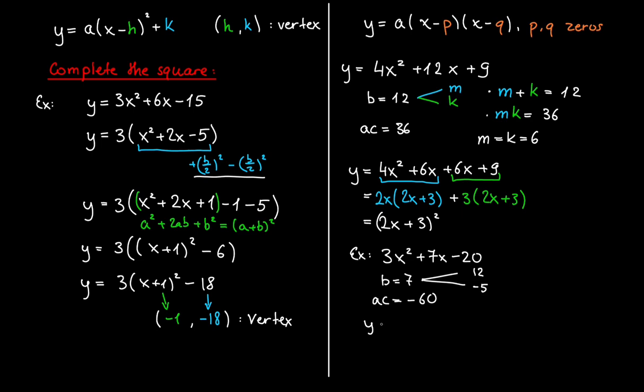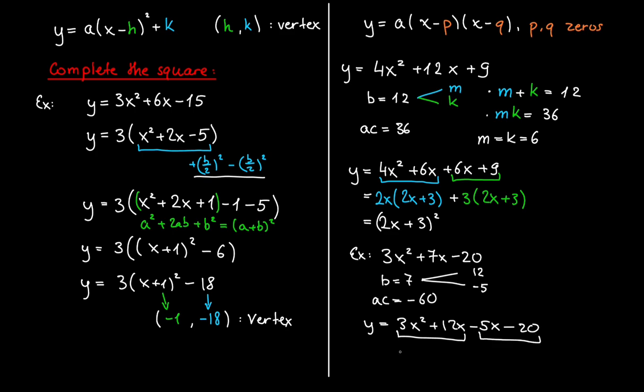What happens now is that I rewrite this quadratic function as 3x squared plus 12x, then minus 5x, and minus 20. And then I put them into pairs and just factorize them.